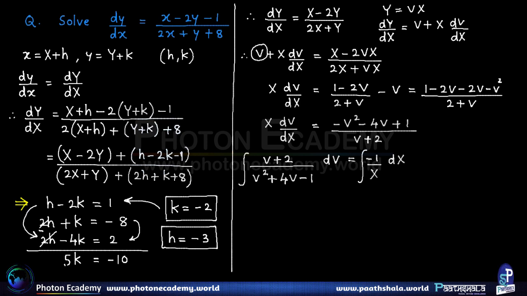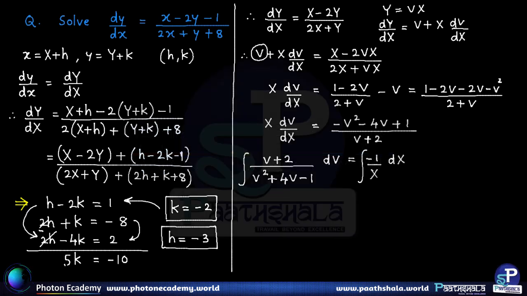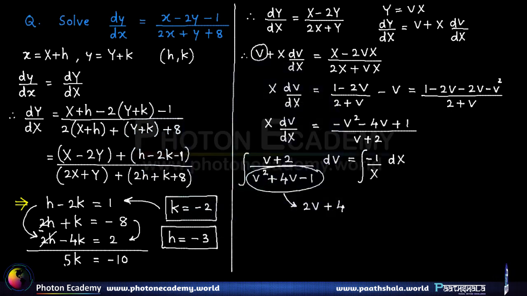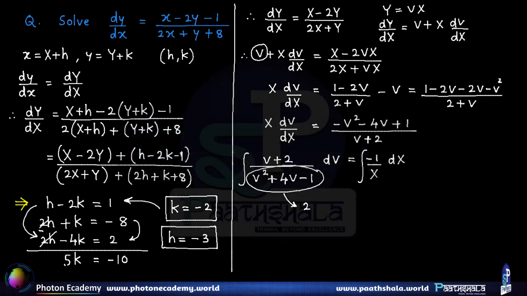Now how do we solve this particular equation? If you observe on left hand side, we have linear upon quadratic form. Now let's see what's the derivative of the denominator. That is nothing but 2v plus 4. Now we closely observe that the numerator, if we multiply by 2, we will get exactly the derivative of denominator as we want. So we have to just adjust the factor of 2 so that we get the derivative of denominator in the numerator.